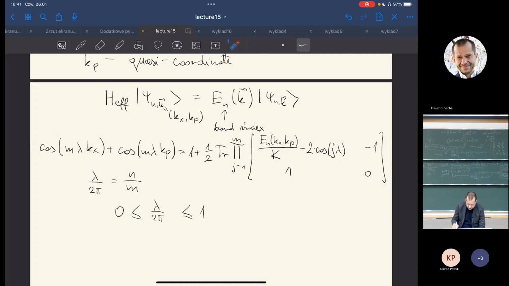Okay, so let us look at how the spectrum of our problem looks for different choices of effective Planck constant. But remember, I will show you different choices, but in each case, lambda over 2 pi is a rational number.